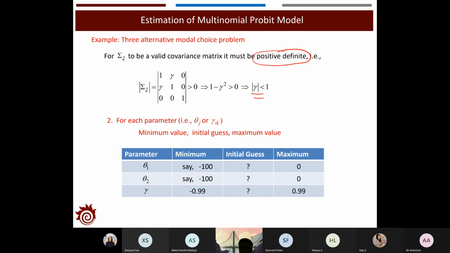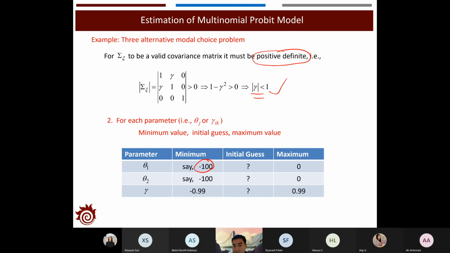For theta 1 and theta 2, you can say that the value varies from -100 to 1. This would be just some random range we select. And for gamma, we have specified that the absolute value should be smaller than 1. So we set the range from -0.99 to 0.99.